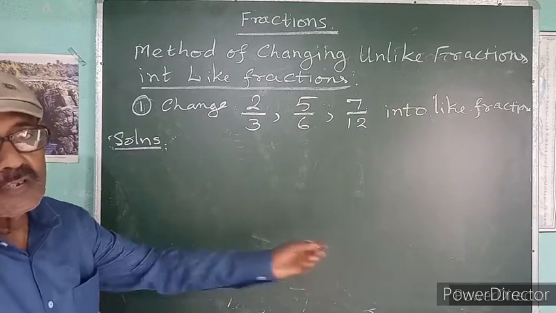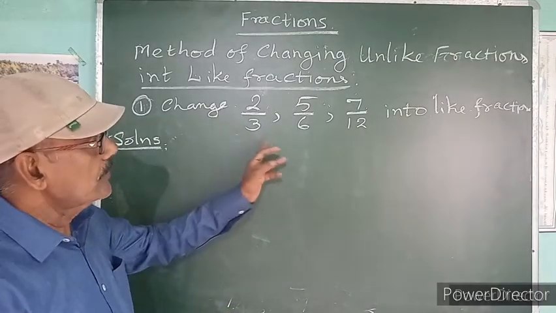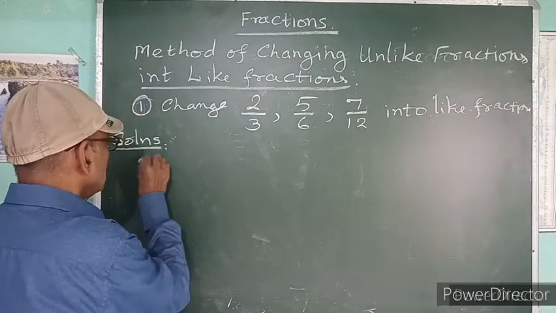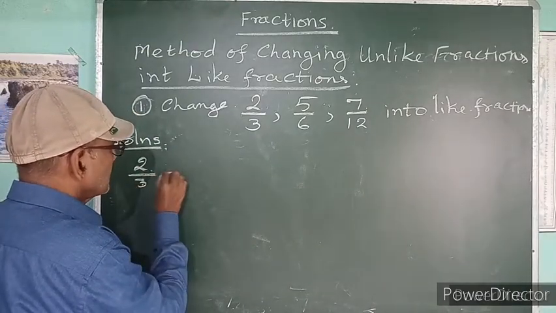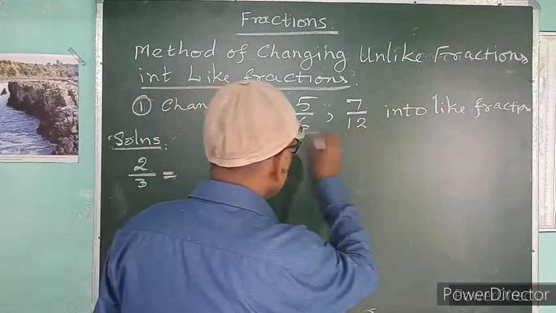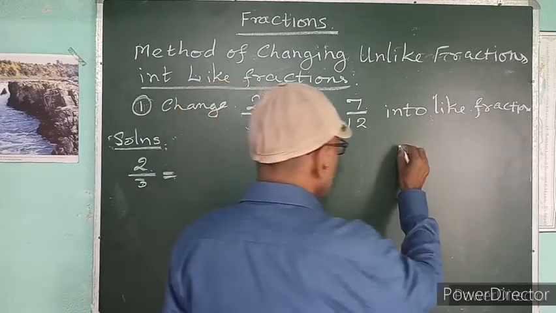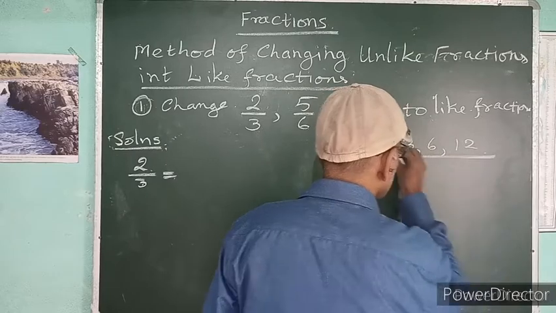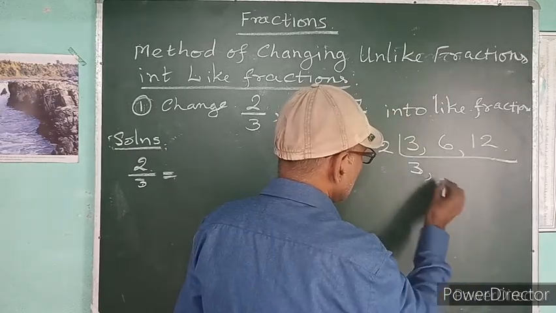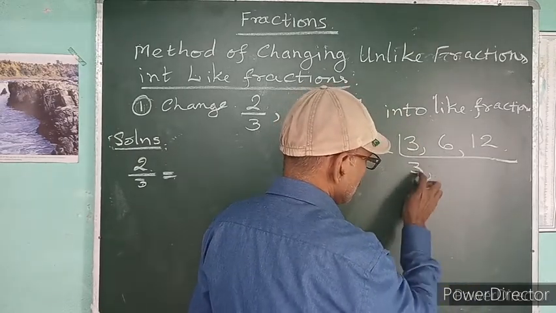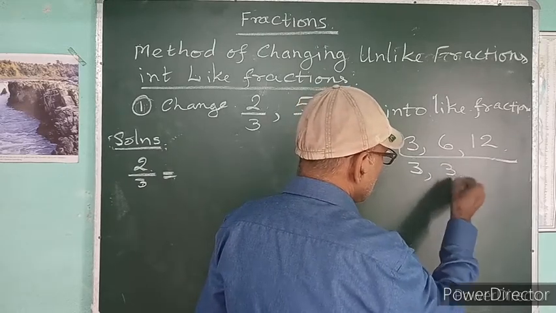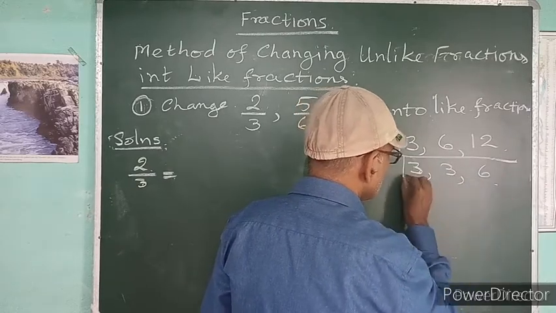In this case, we will take the LCM of the denominators. Now, 2/3. First take the LCM of 3, 6 and 12. By 3, it is not divisible by 3, so you straight away take down 3. 2 3s are 6. 2 6s are 12.